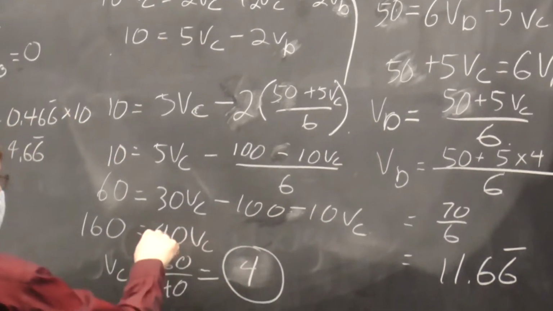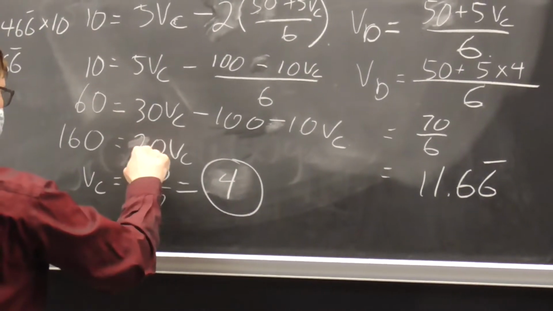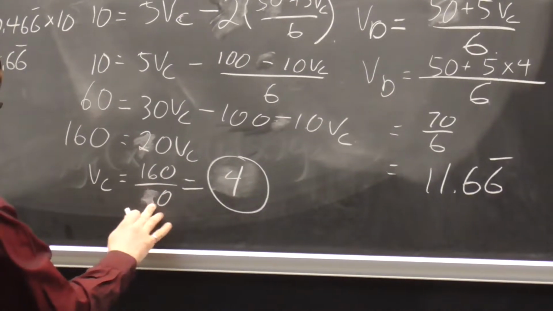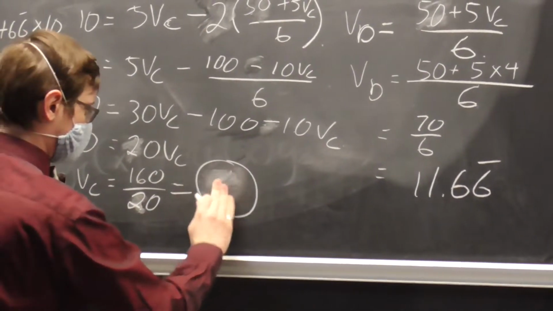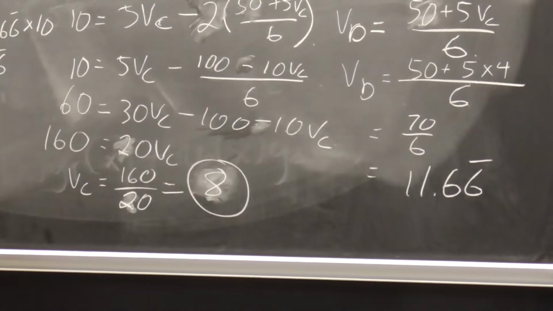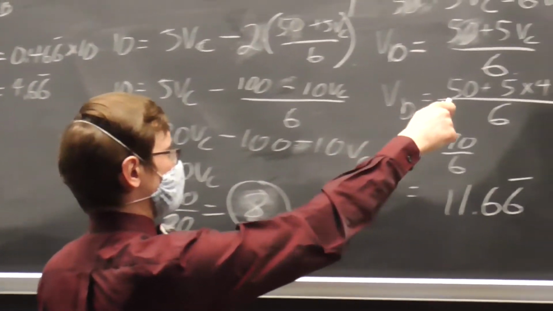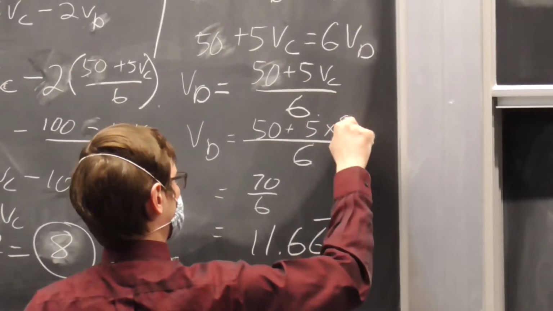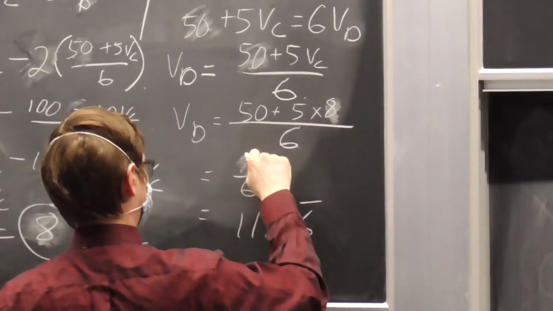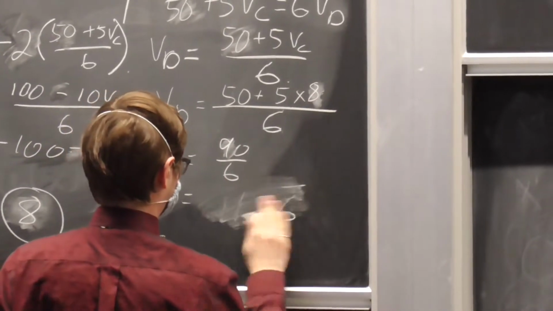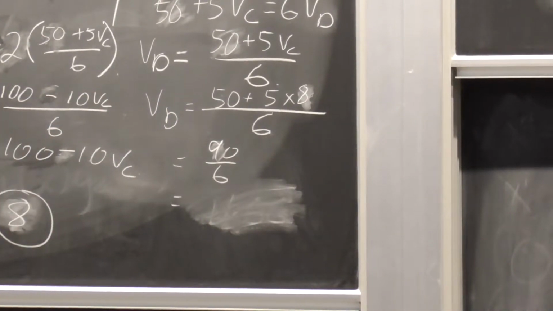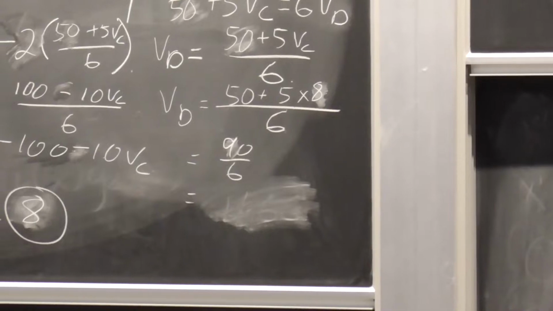Oh, all right, so 20, so that means that this is 8, right? Yeah. 8 VC, 8 here, right? So that's 40, that's 90. That actually does divide evenly. Maybe it doesn't. Let's see. 15? Thank you.